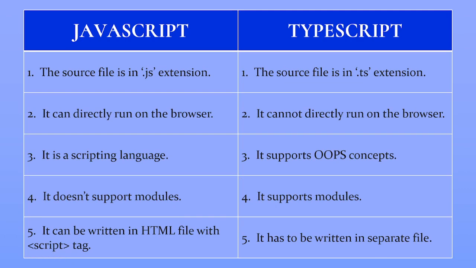In one file, you will have all the structure and functionality of that web page. But coming to TypeScript, it is not like that. You have to create one separate file for that, and in that file you have to write every functionality code. Then you have to bind the HTML file and this TypeScript file. You have to bind both files, and then you will get the output. So this is the basic difference between JavaScript and TypeScript.